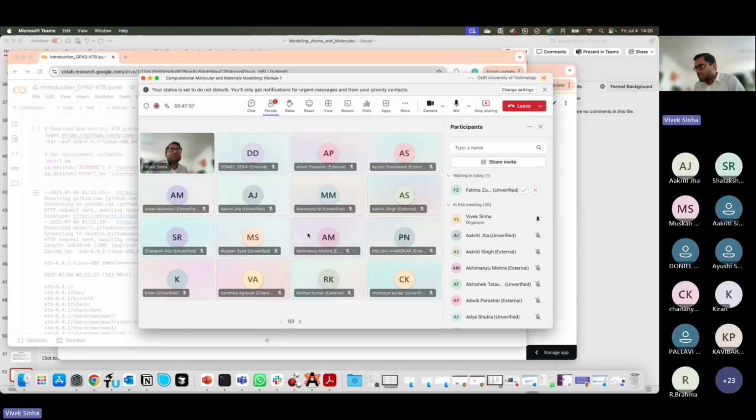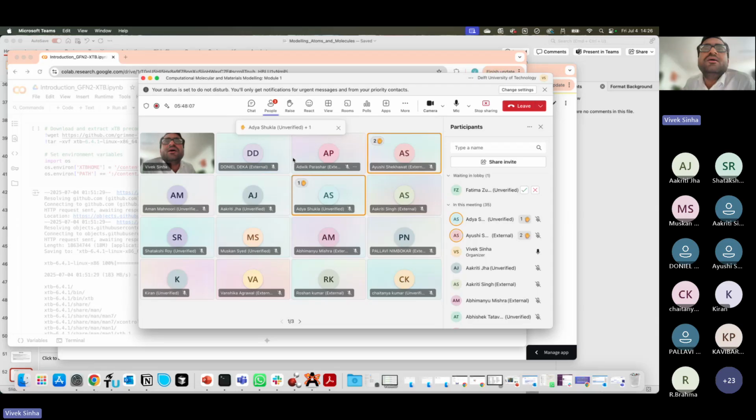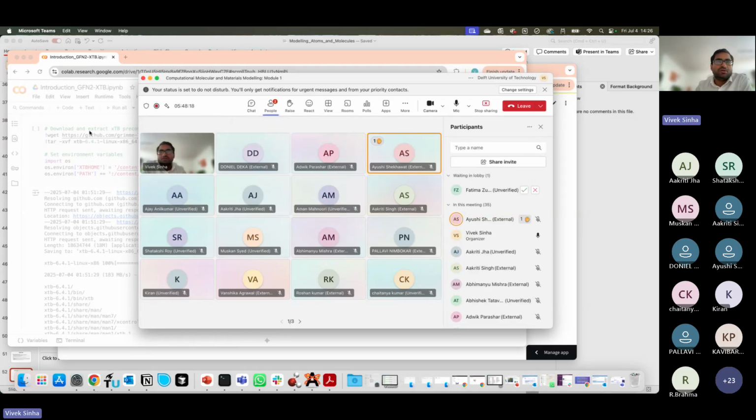So first thing is, how many of you have never heard of what a Google Colab is? So let me introduce first what Google Colab is.